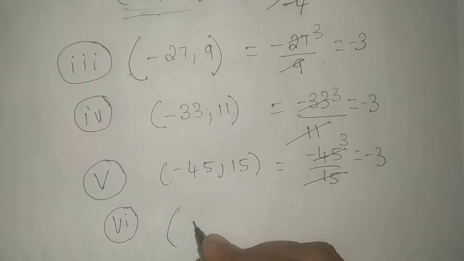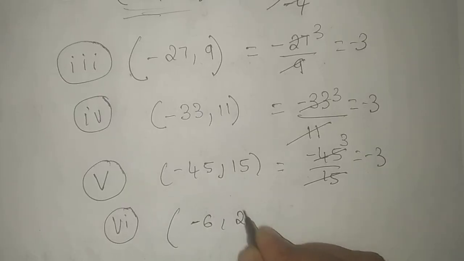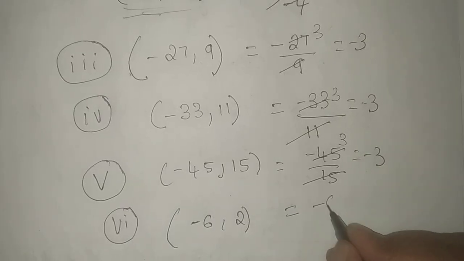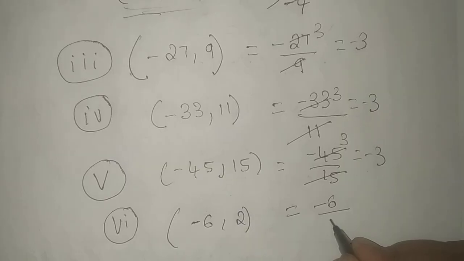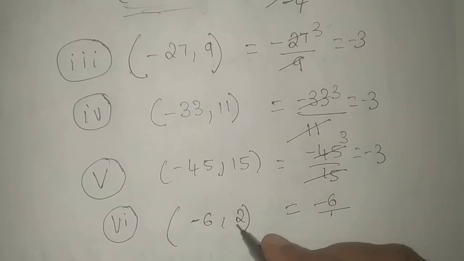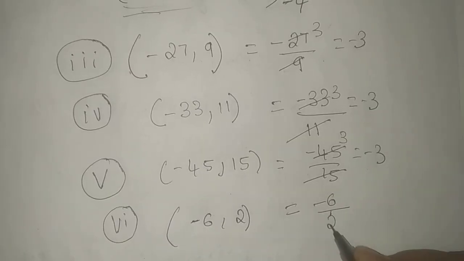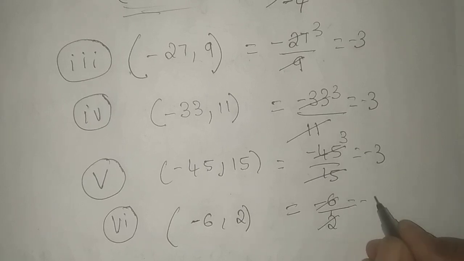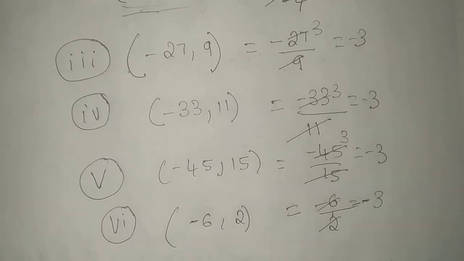They have given minus 2 and 6, so I can interchange and write like this: 6 divided by minus 2. 2 ones are 2, 2 threes are 6. So it will also be minus 3.